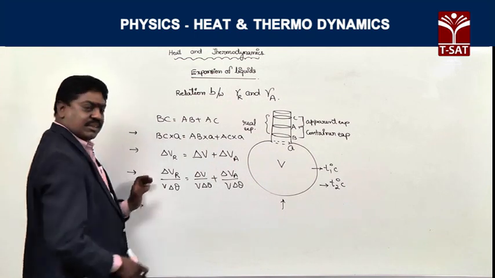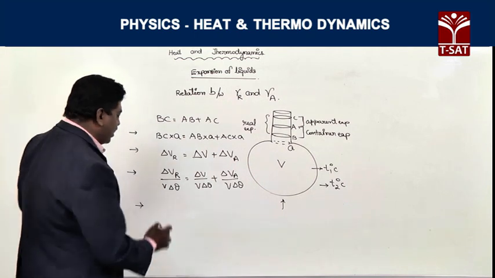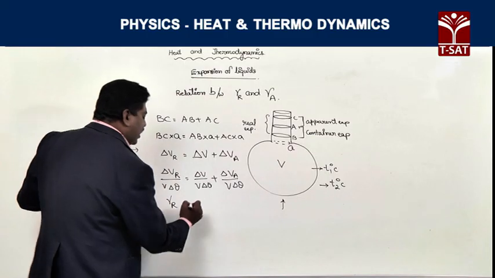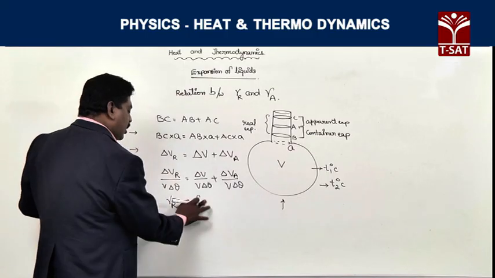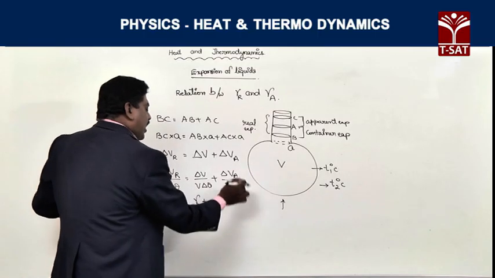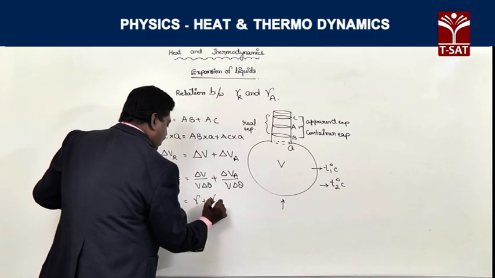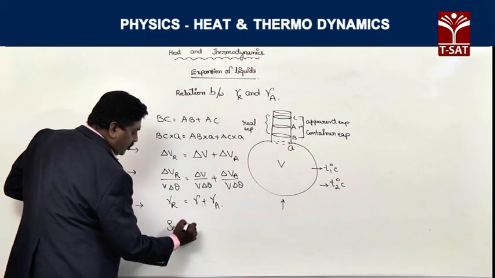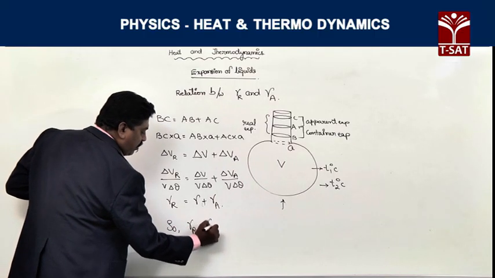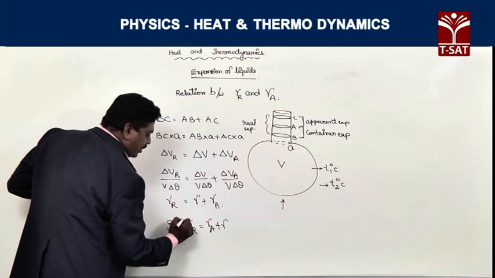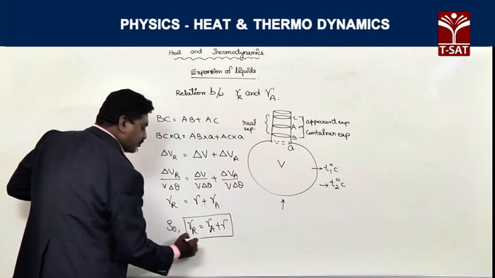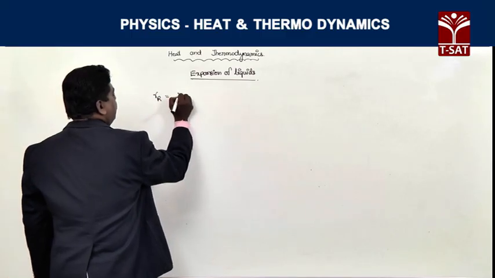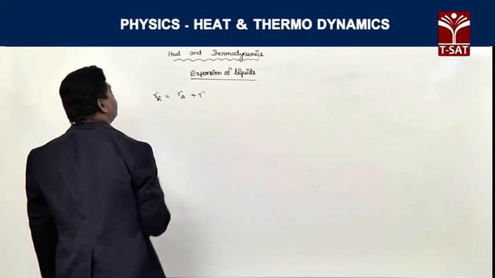We know very well that delta VR by V delta theta is gamma R, delta V by V delta theta is gamma, and delta VA by V delta theta is gamma A. So, gamma R is equal to gamma A plus gamma. Just now we have seen the formula gamma R equals gamma A plus gamma.